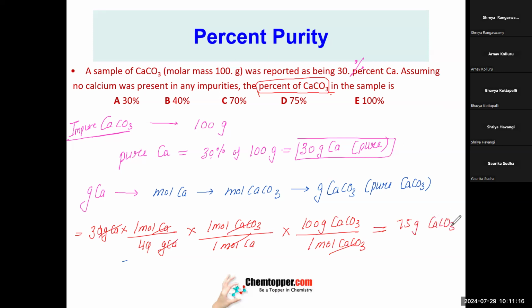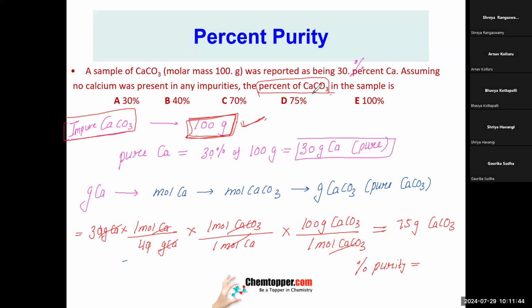What is the initial amount of the sample? Get the percent purity, children. No. The initial amount of the impure sample was... We assume that the sample is 100 gram.